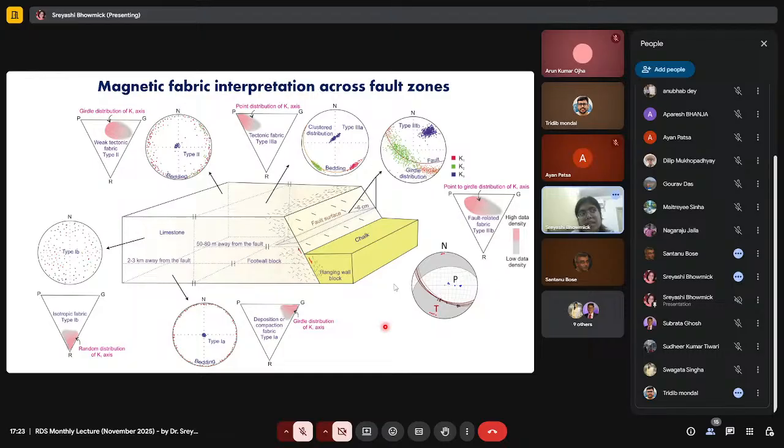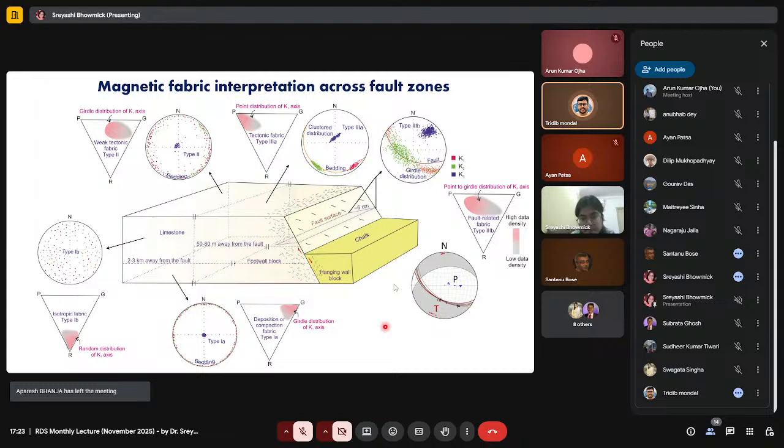I have not worked on dikes, sir, so I don't have an idea. Yes, I'm asking. I think there should be some relation, but it depends on what type of dike. The mode of fracturing is entirely different. I mean, assume that the dike is purely mode one, and this is shear fracture.